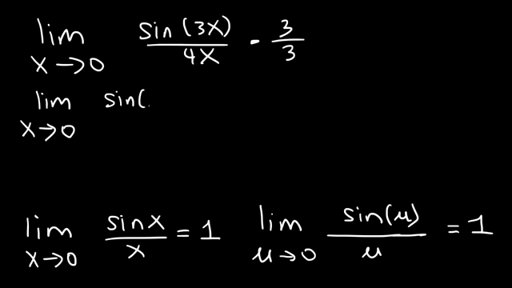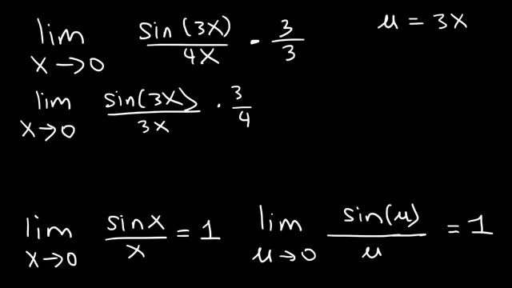So I'm going to have sine 3x divided by 3x times 3 over 4. Now, I'm going to define u as 3x. So, as x approaches 0, 3x approaches 0, which means that u approaches 0, because 3 times 0 is still 0.